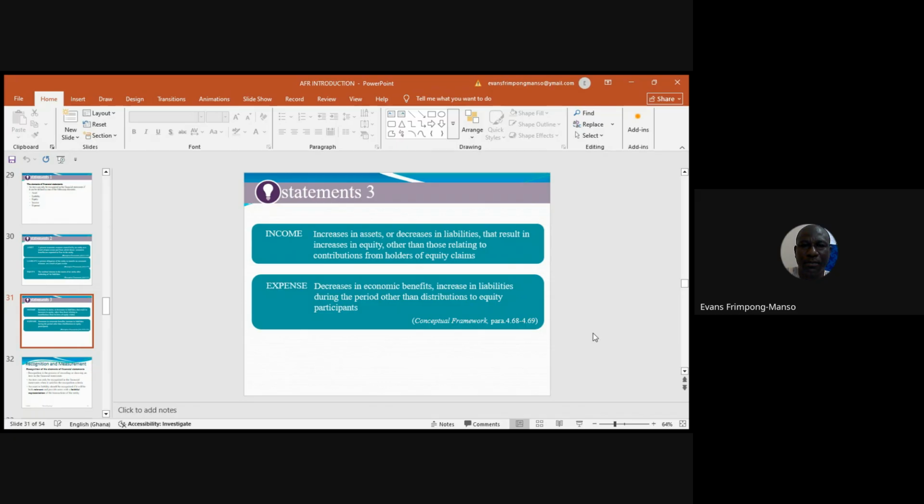Or where your liability is increasing, it is an expense. So expense is where your economic benefit decreases or your liability increases. Okay.